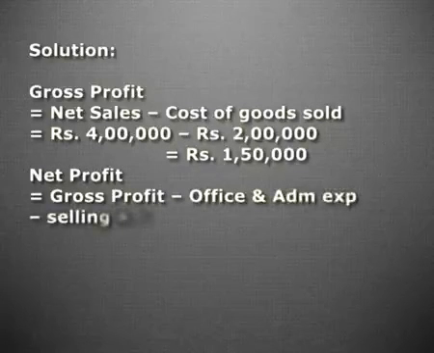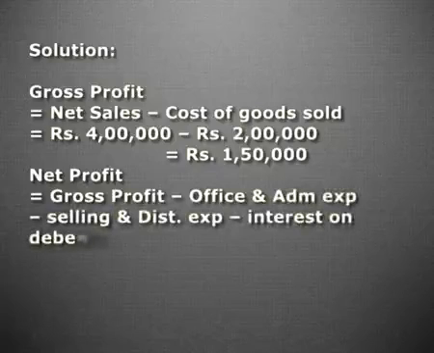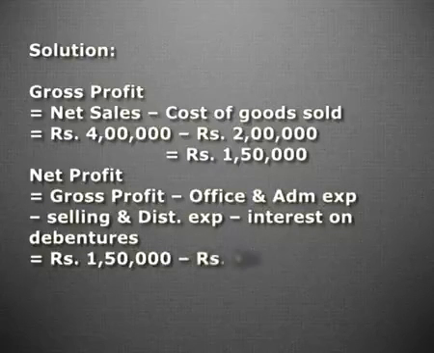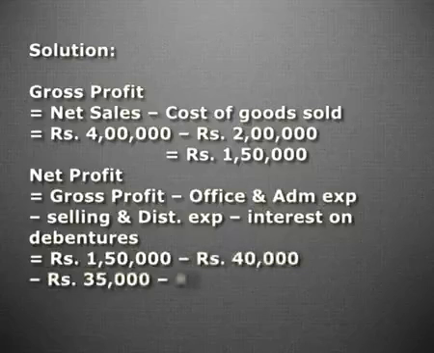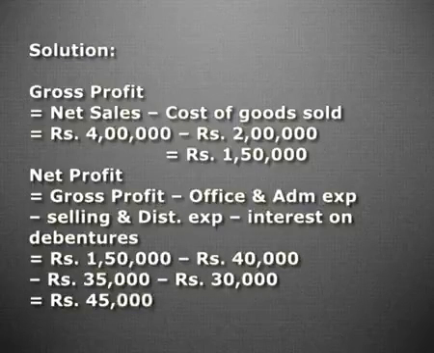Net profit is equal to gross profit minus office and administrative expenses minus selling and distribution expenses minus interest on debentures is equal to rupees 1,50,000 minus rupees 40,000 minus rupees 35,000 minus rupees 30,000 is equal to rupees 45,000.